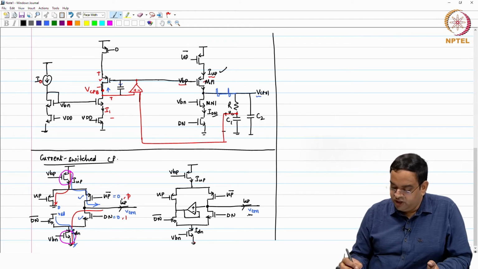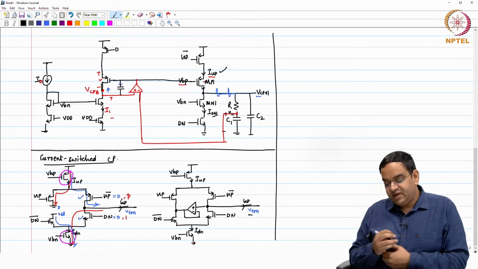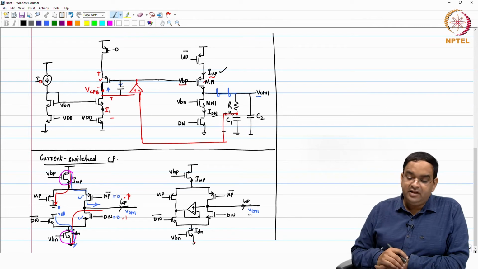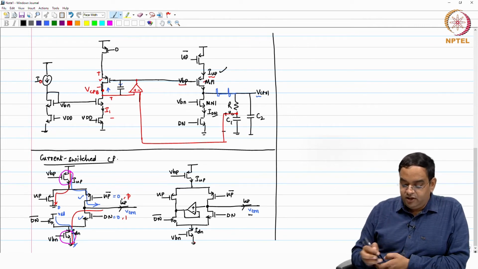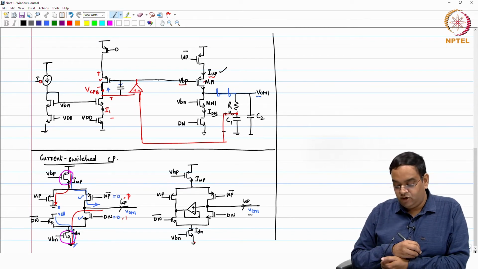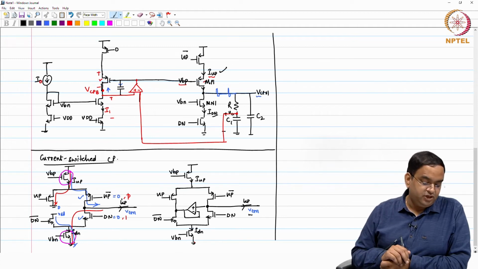So, whatever your V control is, you will have a similar V control here. Any mismatch during the current transition will be supplied by the op amp here. Okay. So, in this way you have current sources which are not switched from off state to on state. The current is actually steered from one direction to the other direction, right.